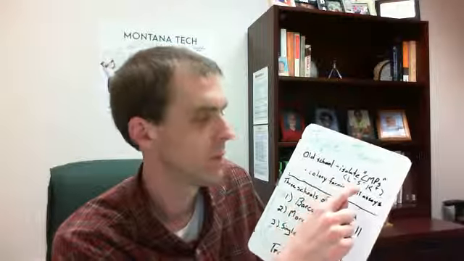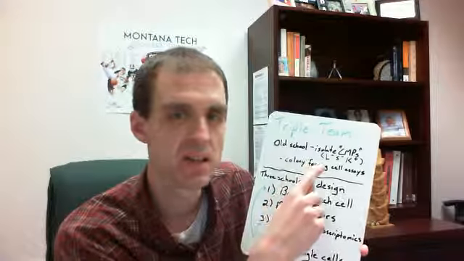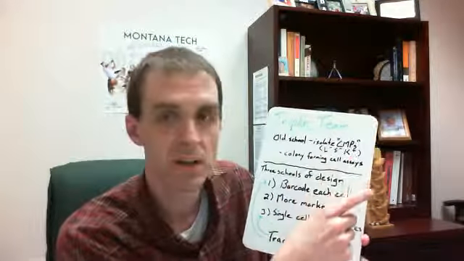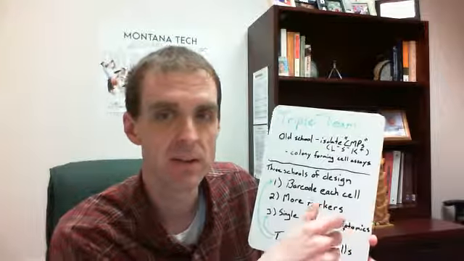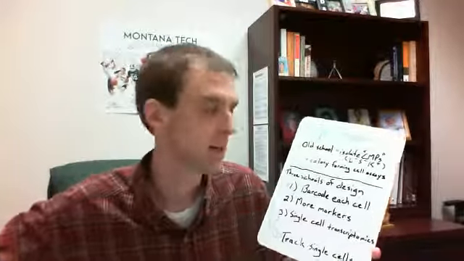And then what they suggested from these assays is that this combination can turn into all those different myeloid cells. So that's the basis for this common myeloid progenitor going into all those different cell types.